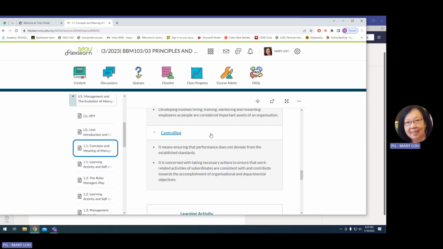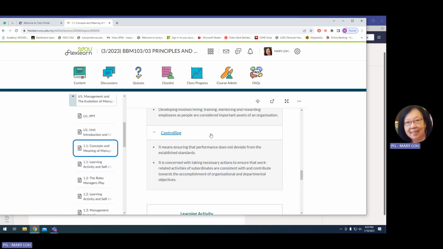And at the end of the day, they are all supposed to get the job done. But you still need to monitor, you still need to have some idea of the progress. How are they progressing? Are they doing well or not? And if they make some mistakes, you might want to get them to correct it straight away instead of waiting until the end of the year. So all this is part of what we call the controlling function.